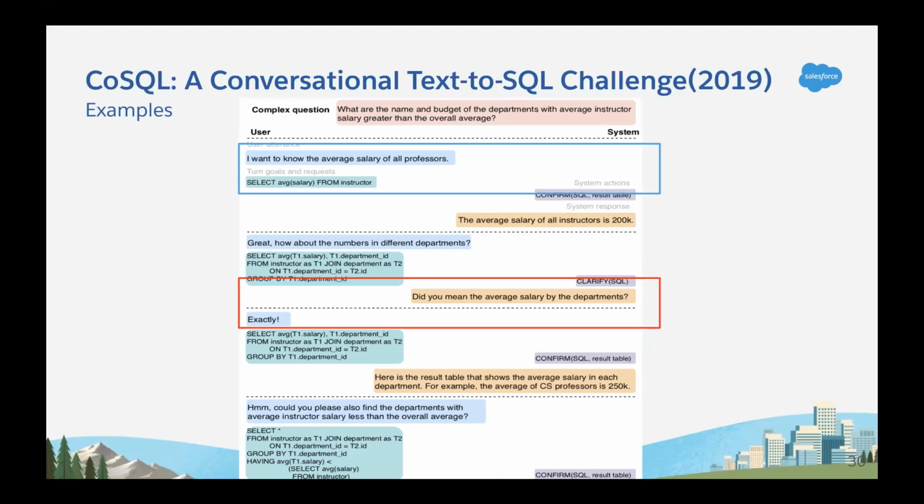Sometimes the student may not understand or may be confused by the user's input. They will ask a clarifying question, and the user will respond to confirm or rephrase. So there are different types of interaction between the user and the fake bot.